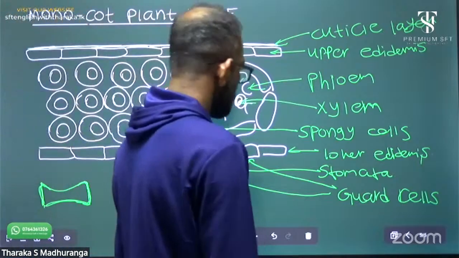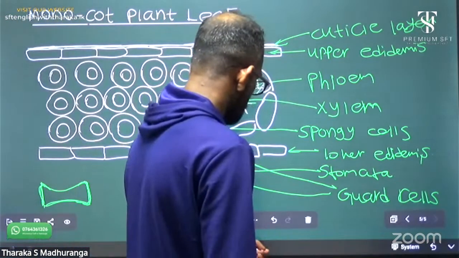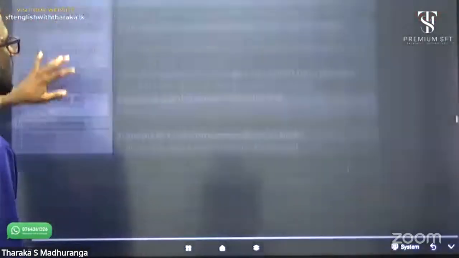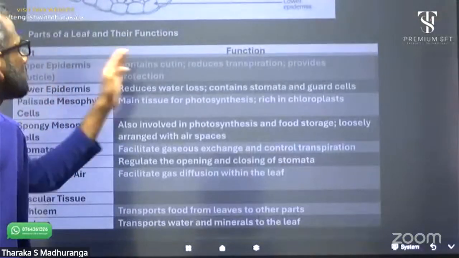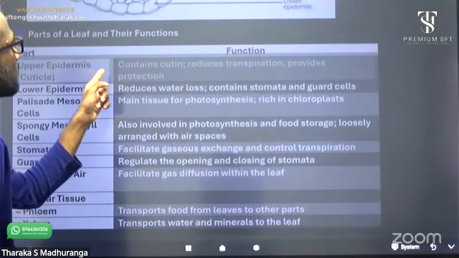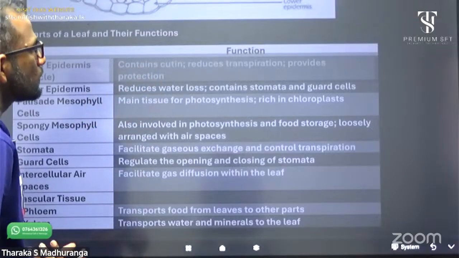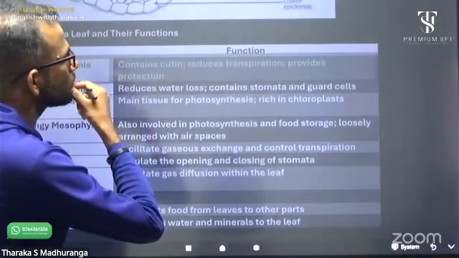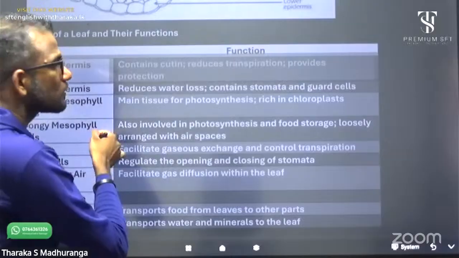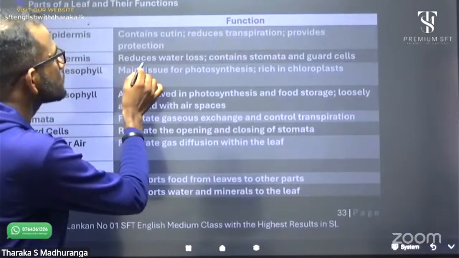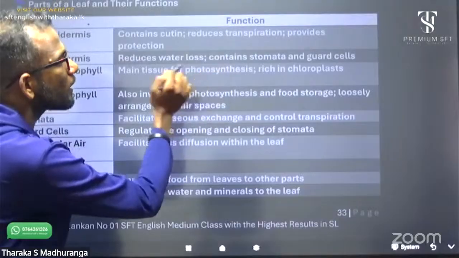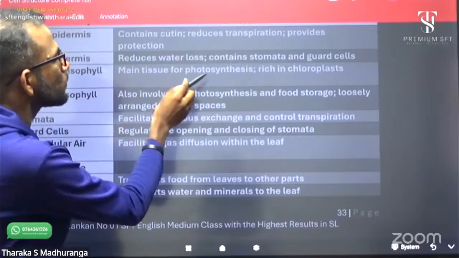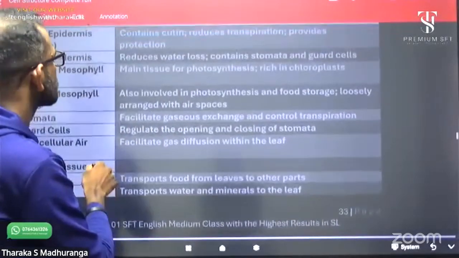Let's move into differences. Let's see what are the differences between monocot plant leaf and dicot plant leaf. They are the functions. I already explained, upper epidermis contains cutin or cuticle. Cutin contains a cuticle, reduces transpiration and provides protection. Lower epidermis reduces water loss, contains stomata and guard cells. Palisade cells are mainly for photosynthesis, rich in chlorophyll.